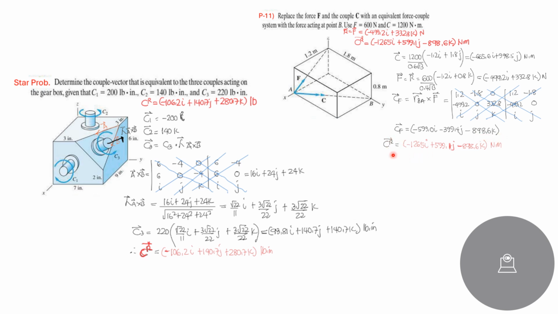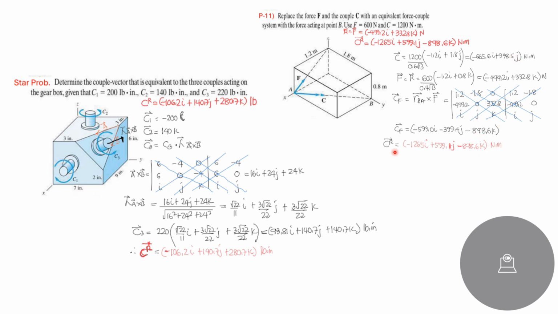So therefore, the resultant couple is negative 665.6i and negative 599.0i. That's negative 1,265i. For j, 998.5 minus 399.4, that's positive 599.1j. And for k, there's no k there, so we just copy negative 898.6k.